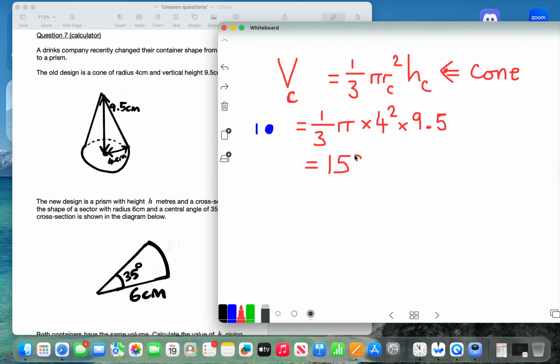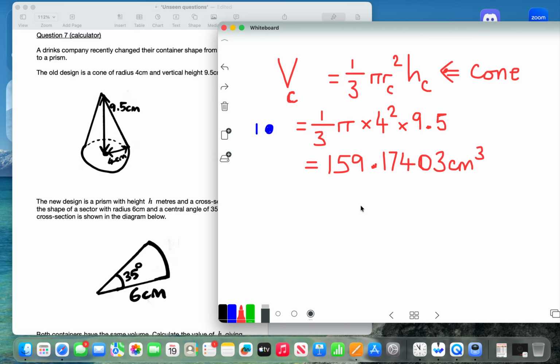Yeah, 159.17403, and the units are centimeters cubed. So that is the volume of the cone.